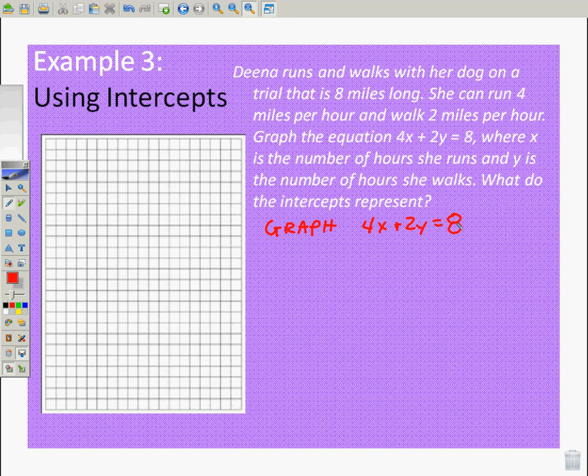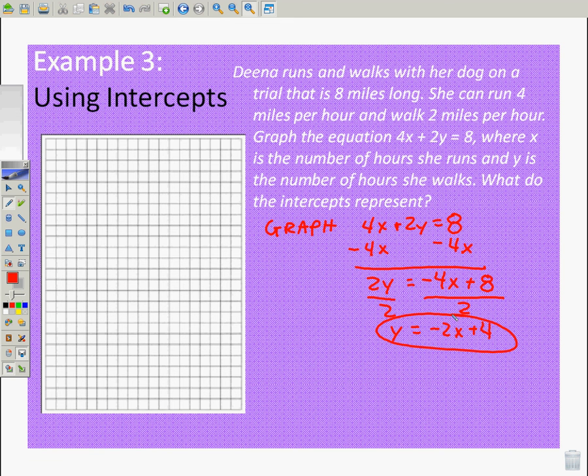What I'm going to do right off the bat is I'm going to solve for y because I wanted to get it in y equals mx plus b. So I'm going to subtract 4x. So I've got 2y equals -4x plus 8. Okay? And then I'm going to divide by 2 on both sides. So y equals negative 2x plus 4.